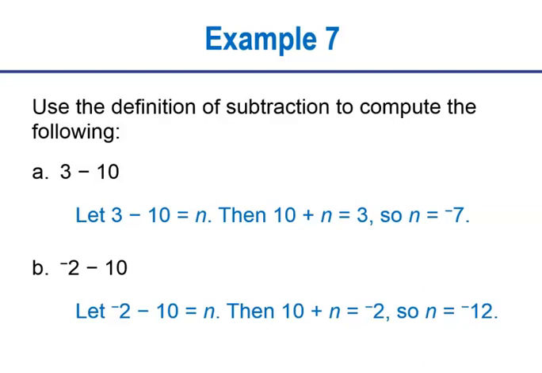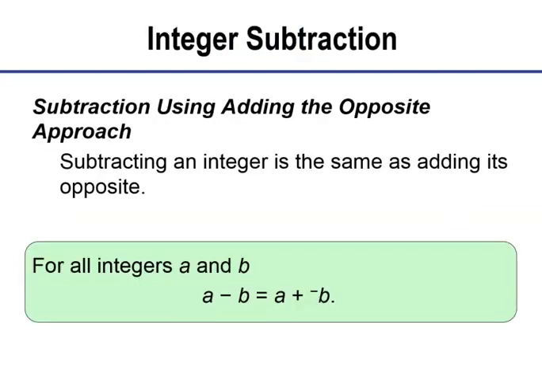Now, I'll be frankly honest with you. I think this is a nice model for subtraction, but there's an easier way to think about it, and I bet you're very comfortable with the next thing I'm about to show you. Subtraction using the adding the opposite approach. And this is likely the way that you learned to subtract with integers. Subtracting an integer is the same as adding the opposite.